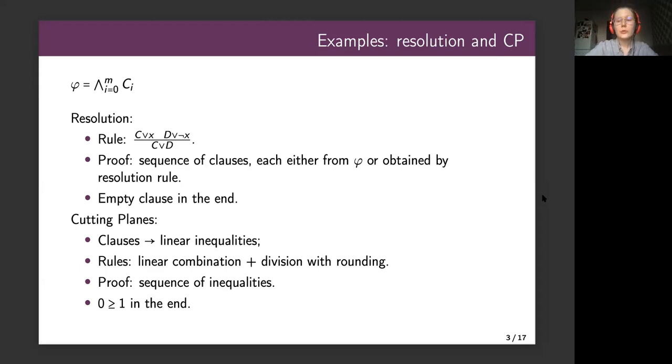So a proof in the cutting planes proof system is, again, a sequence of inequalities where each inequality is either from the original formula or is derived by the rules from inequalities with lesser numbers. And again, in the end, we have this trivially false statement, 0 is greater than or equal to 1.